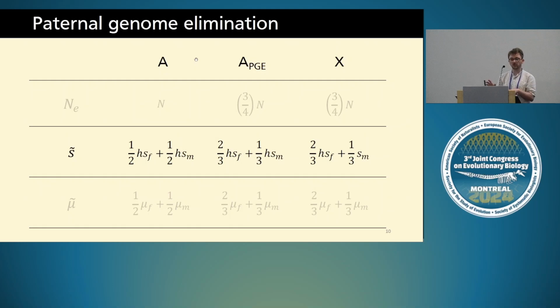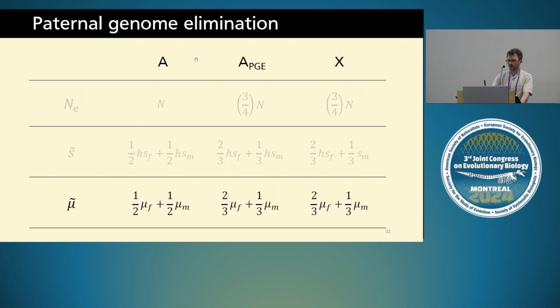X chromosomes spend 2/3 of their time in females and 1/3 of their time in the haploid males, and in that third of the time, they won't have dominance modulating the selection coefficients. But for our PGE autosomes, it can be some combination of the two. They're going to spend 2/3 of their time in females and 1/3 of their time in males, but in both situations they're going to be diploid, and so in both situations, the dominance coefficient is going to modulate the selection coefficients.